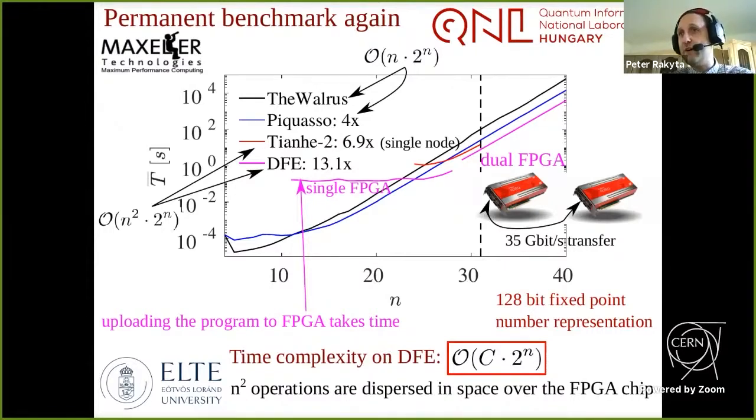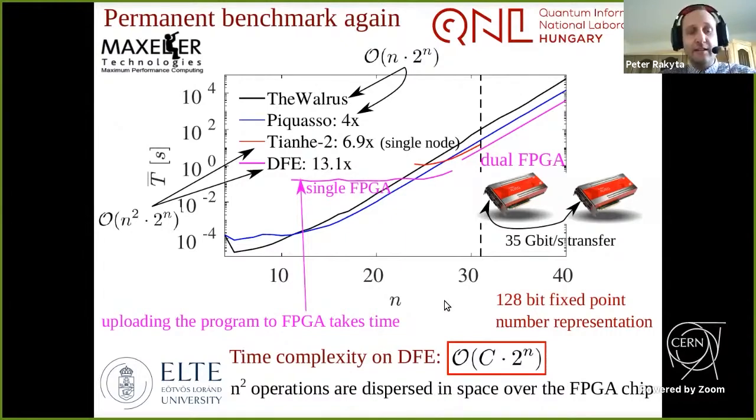You don't have hardware support for that. And when you start to do it on CPU or GPU, you start to lose performance. So this is the point where the FPGA-based data flow engine has an advantage over GPU technology.